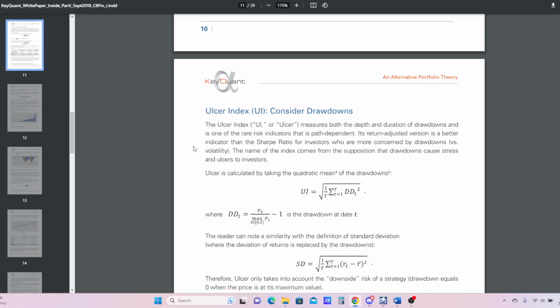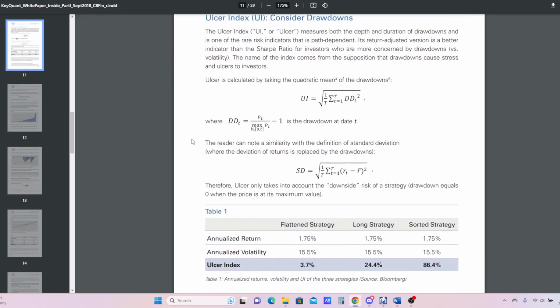Its return adjusted version is a better indicator than the Sharpe ratio for investors who are more concerned by drawdowns versus volatility. I would say our community is probably concerned with both. The name of the index comes from the supposition that drawdowns cause stress and ulcers to investors. Ulcer is calculated by taking the quadratic mean of the drawdowns, and then that's where it goes Greek for me, and I can't understand anything.